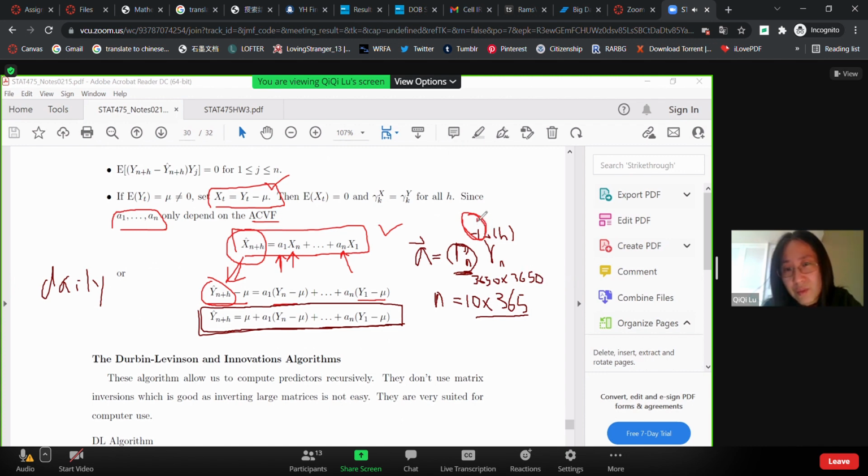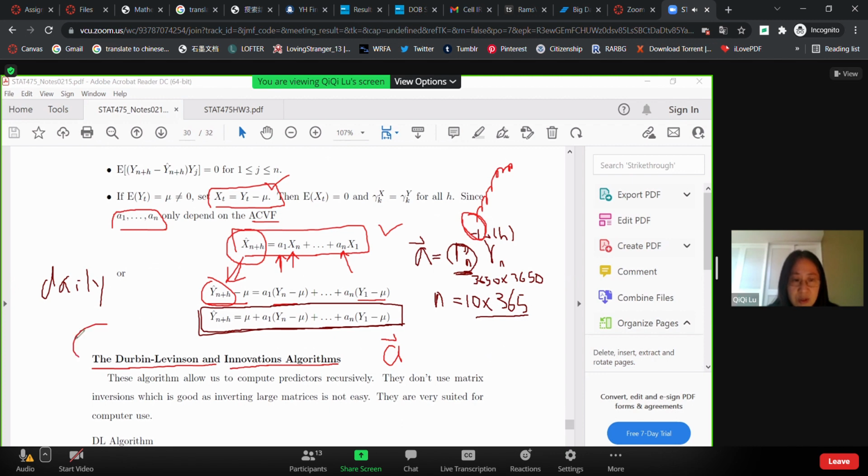To avoid calculating the inverse of a big matrix, we have two algorithms: one we call the Durbin-Levinson, and the other the innovations algorithm. Basically for the linear predictor, you need to find the coefficients a1 to an.